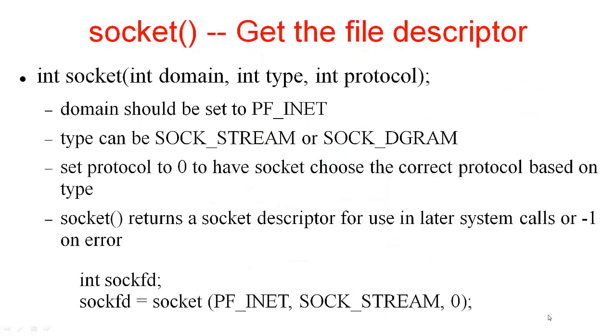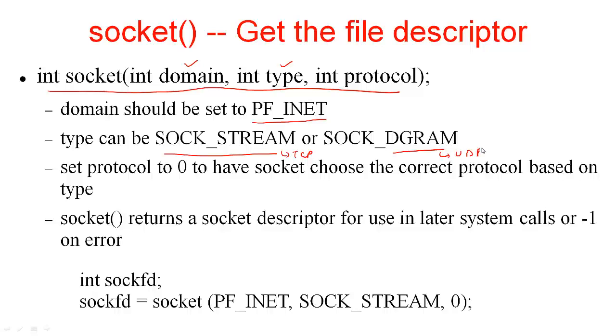So how does one open a socket, that is, get the file descriptor corresponding to that particular socket? This is the function that is used. Let's look at each argument in turn. The domain, since we are dealing with internet sockets, we will set it equal to this value. And this type field, you could set either to sock stream, in which case you are using TCP, or sock datagram, in which case you will use UDP.